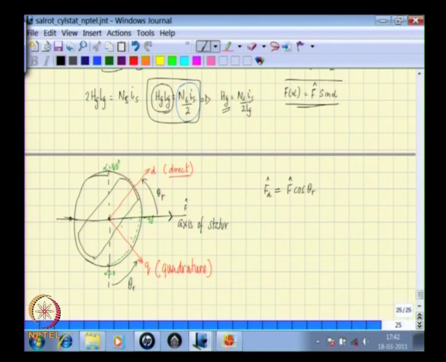F hat is the maximum value of the stator MMF acting along this axis. You want to consider the component of that along the d axis. So that is f hat into cos theta r is that value, and the component acting along q axis is f hat into sin theta r, this acting along q axis.